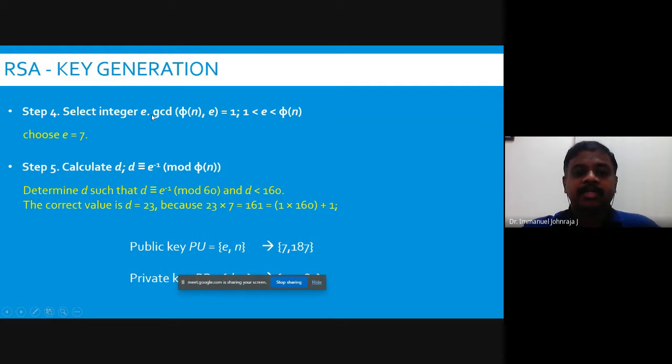That's the reason the GCD of these two numbers should be 1. Hence they are called relatively prime.